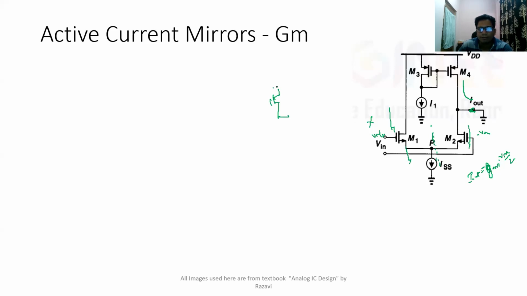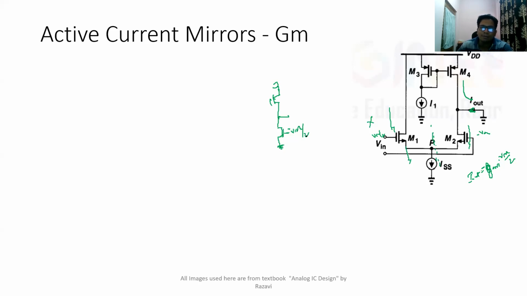So you have an I out, and here is this transistor having a GM. You're applying a signal V in by 2. You can assume it like this when doing half circuit analysis.